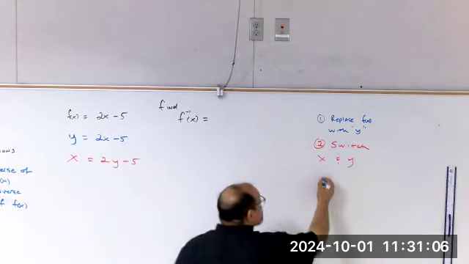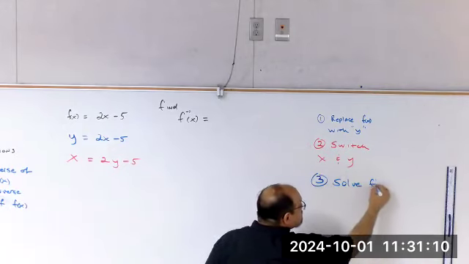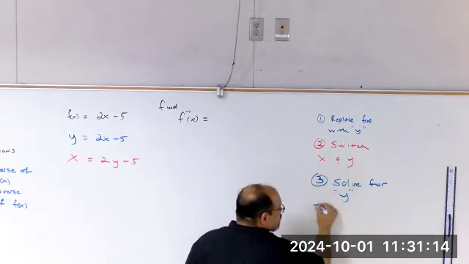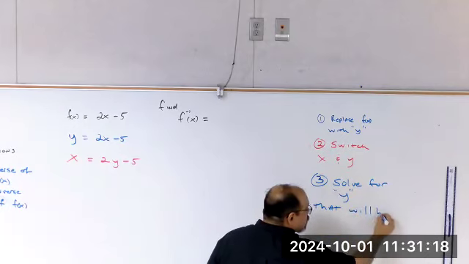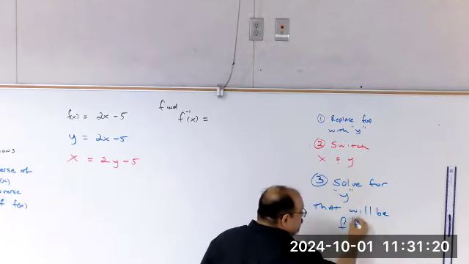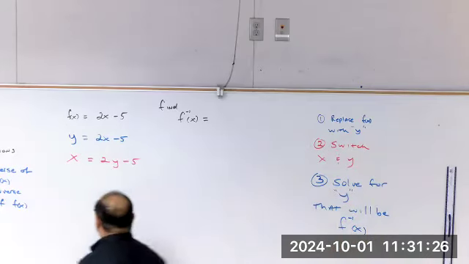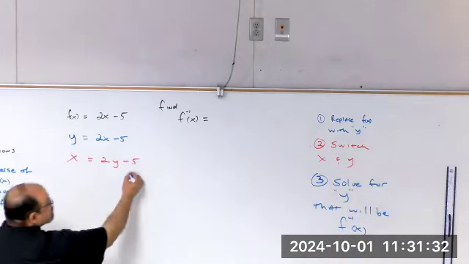Step 3, solve for y. That will be f inverse of x. That's your inverse function. So I'm going to add 5.